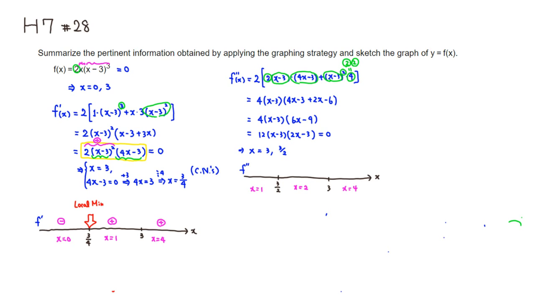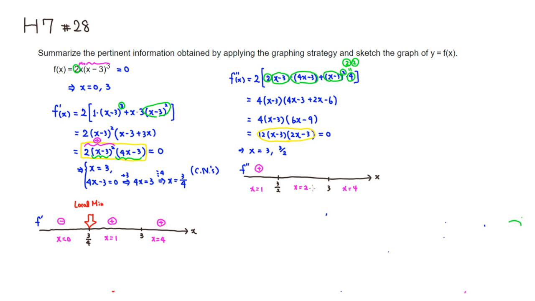So the sign of the second derivative is going to be, I'm looking at this one right here. If you plug in 1, 12 is positive, 1 minus 3 is negative, and 2 minus 3 is negative. So positive times negative is positive.